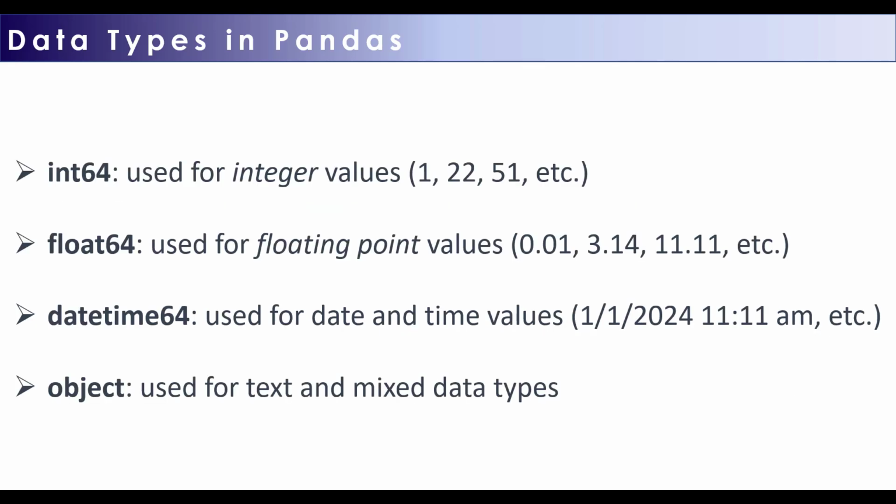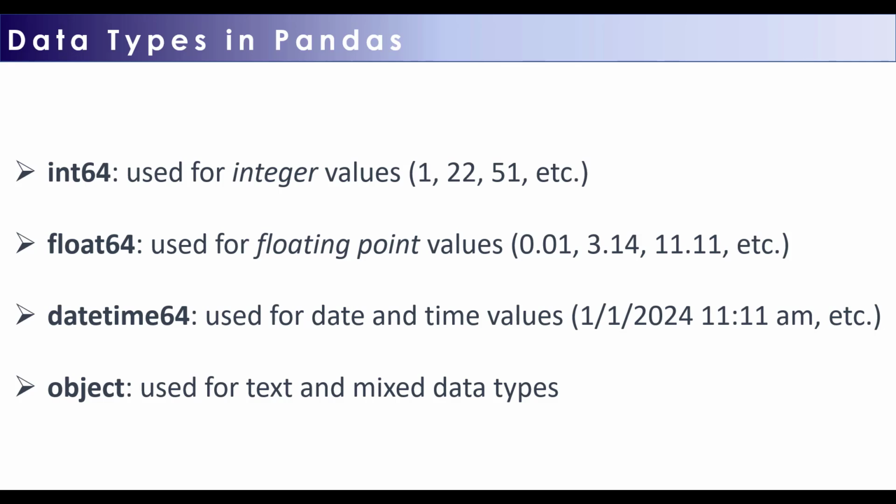Now, there are actually quite a few different data types in Pandas, but there are 4 that you'll see most often that are the most important to understand. The first is int64, which is assigned to columns containing integer values, like 1, 22, 51, and so on. Next up is float64, which is used for floating point or decimal values, like 0.01, 3.14, 11.11, and so on.